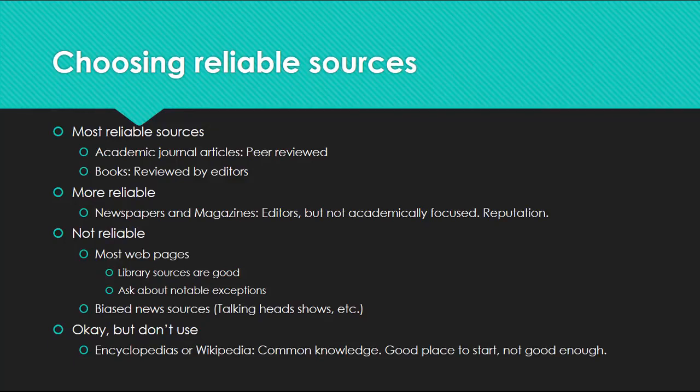Not reliable: biased news sources, YouTube news channels. A lot of the news that we are fed in our society right now is intended to cater to you, cater to me, cater to our political wants and desires, right?